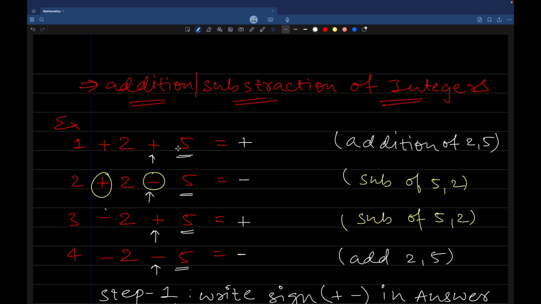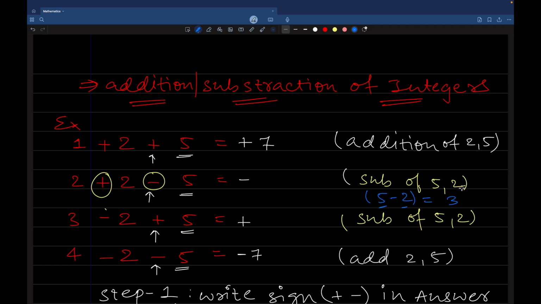In the first case there is an addition of 2 and 5. 5 plus 2 is 7. In the last case also the answer is 7. In the second and third case, there is a subtraction of 5 and 2. That means 5 minus 2 equals 3. We will always subtract the smaller number from the bigger number.